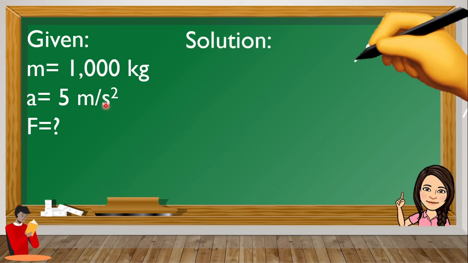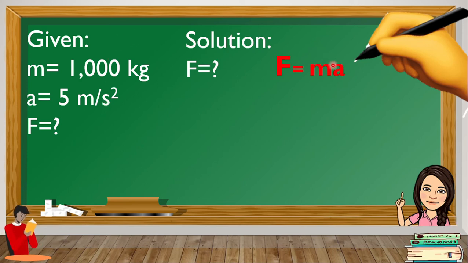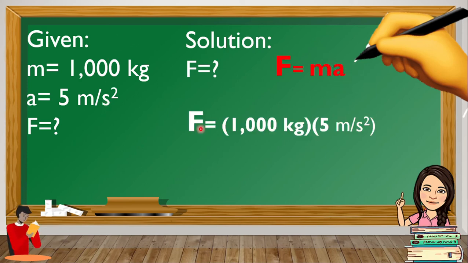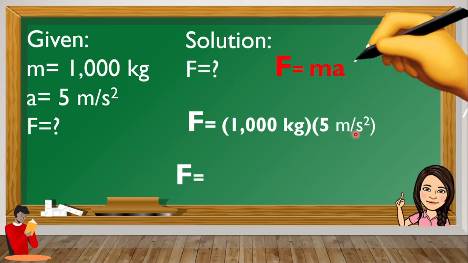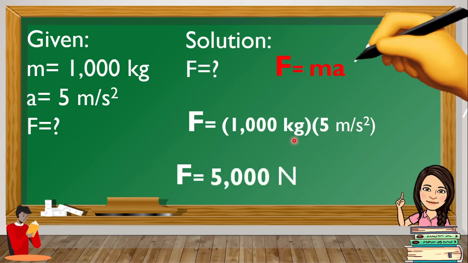Using the equation F is equal to mass times acceleration, where mass is equal to 1,000 kilograms and acceleration is equal to 5 meter per second squared. 1,000 kilogram times 5 meter per second squared is equal to 5,000 Newton.